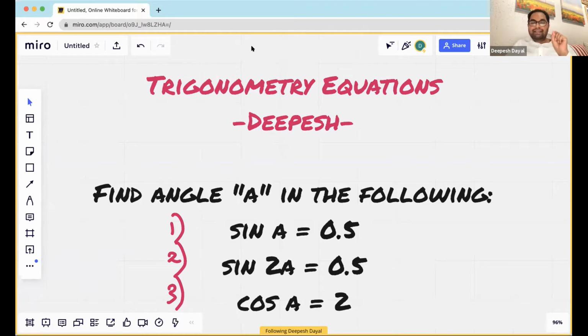Remember, when you're giving me your answers, it's A equals to, not sine A, because we're finding the angle. So it's A equals to what?